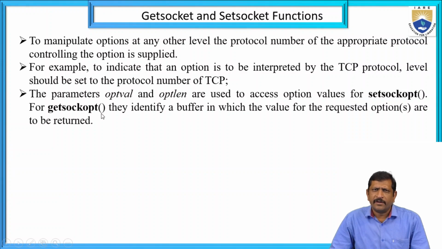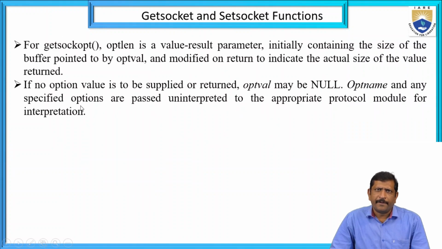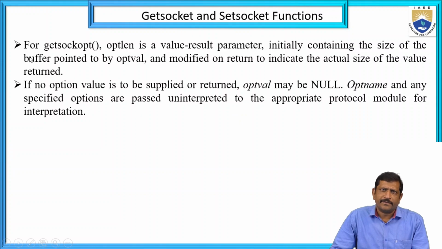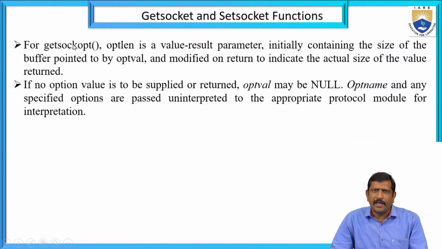For Getsocket option, it identifies a buffer in which the value for the requested option is to be returned. The option length is a value-result parameter, which initially contains the size of the buffer.